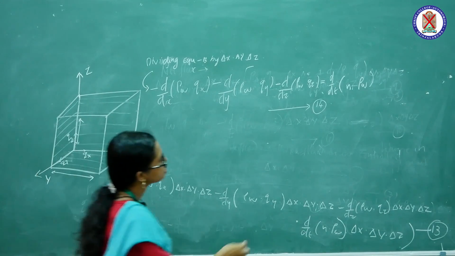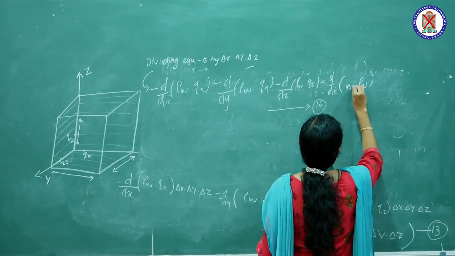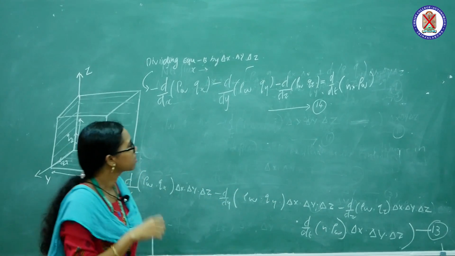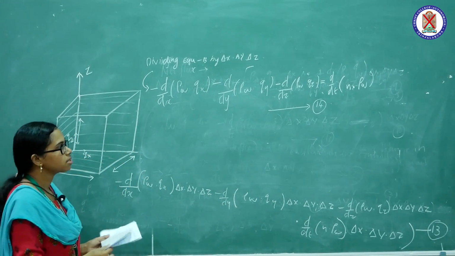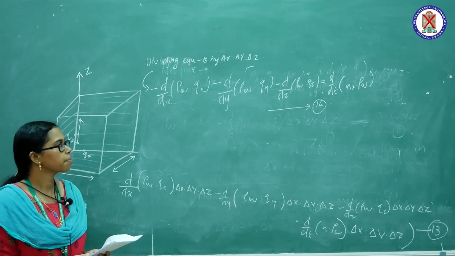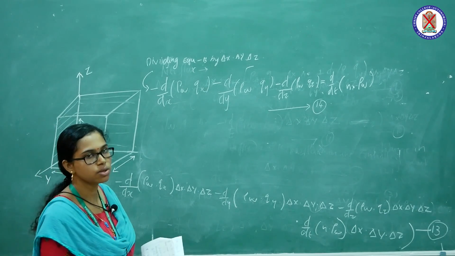Next is, this is n into rho w. Next, we have to expand the right hand side by means of the product rule.